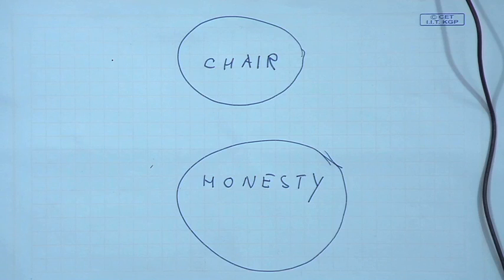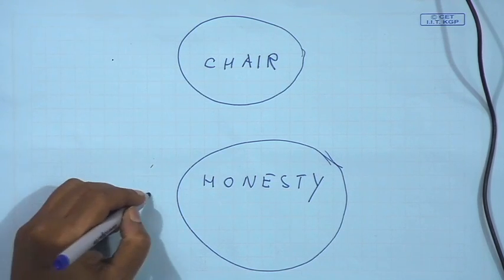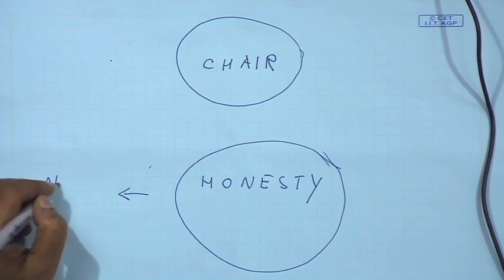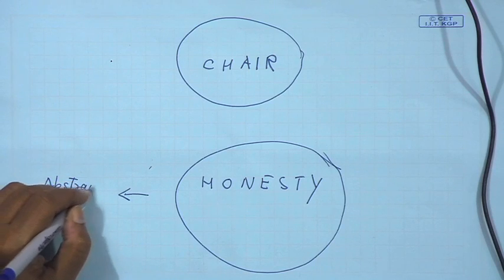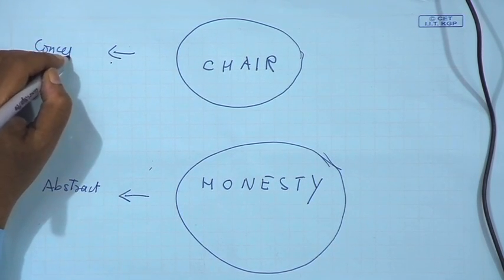When you are going to map these concepts, you need certain attributes to define them, and how those attributes can be linked with these two concepts. One is abstract in nature. It is an abstract concept, while this is a concrete concept.